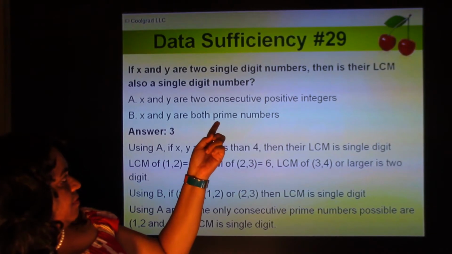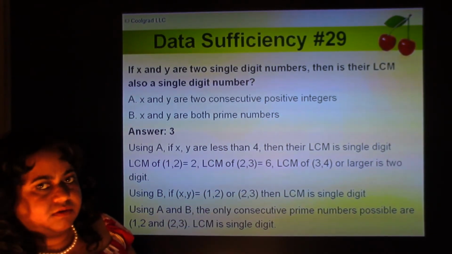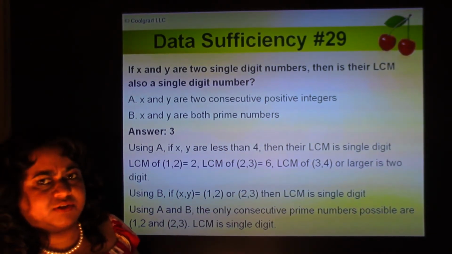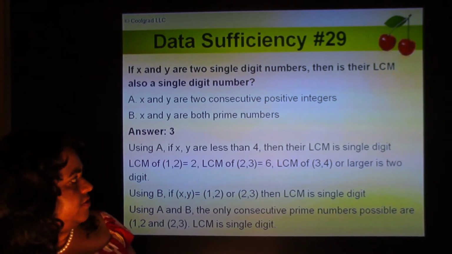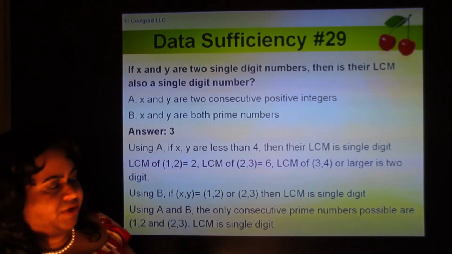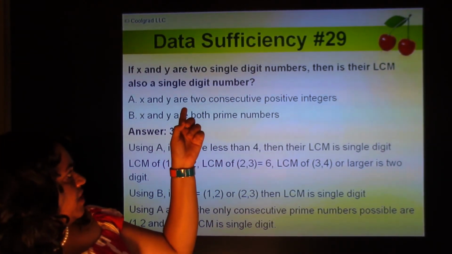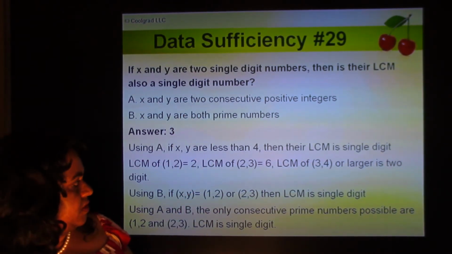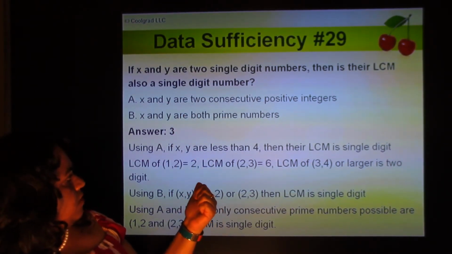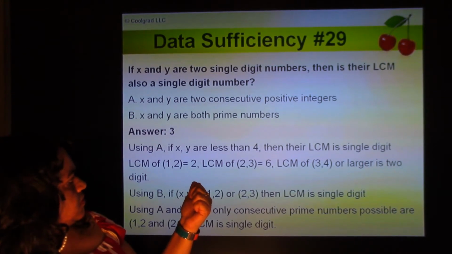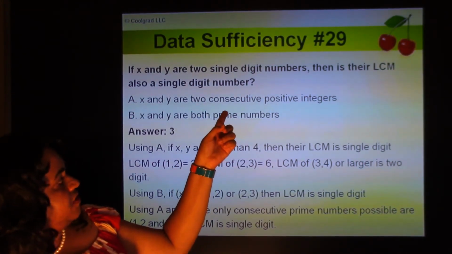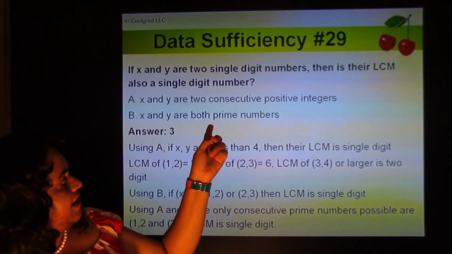So what if they are like, say, 3 and 7? Then its LCM is a 2-digit number, 21. So using either statement alone, we cannot answer the question. But using both the statements together, they're both consecutive, positive integers and prime numbers.